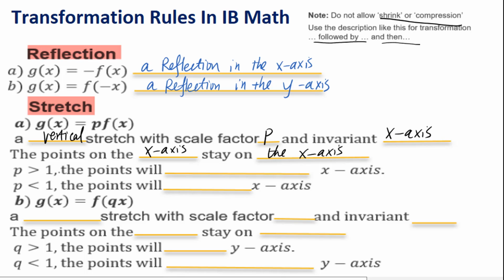When p is greater than 1, the points will be further away from the x-axis. When p is less than 1, the points will be closer to the x-axis.